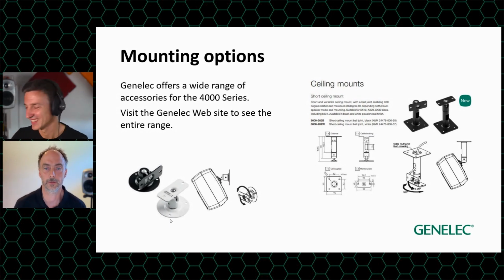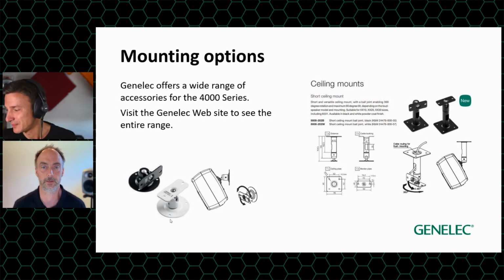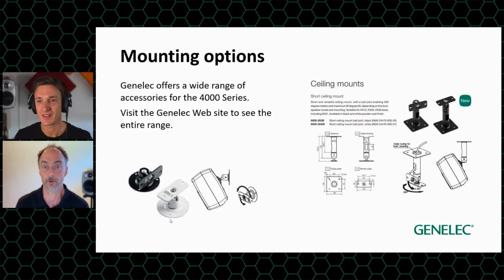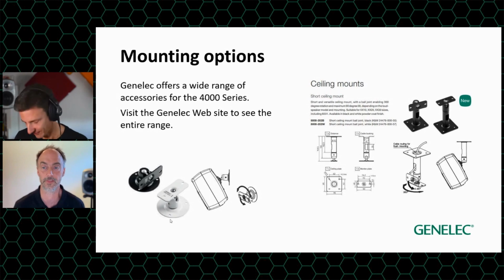Normally you need to have flexible mounting options because you never know where you can mount your speakers, so we offer a wide range of accessories for the Smart IP speakers. It could be worth mentioning as well that the accessories for the 4400 series are the same as the 4000 series.